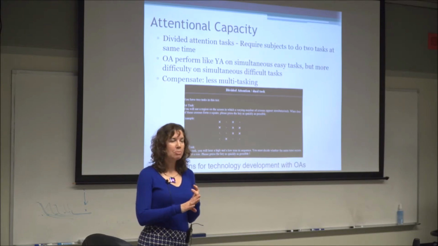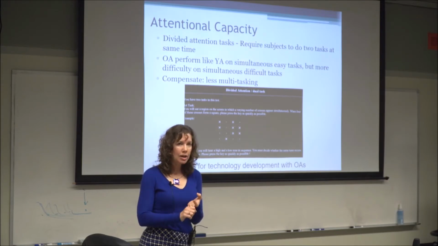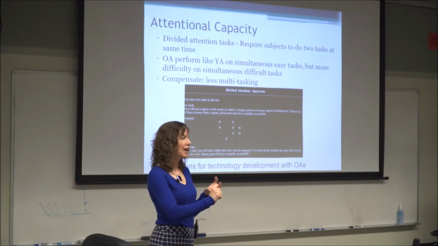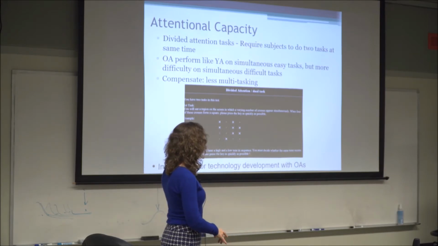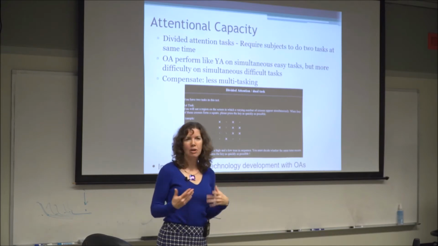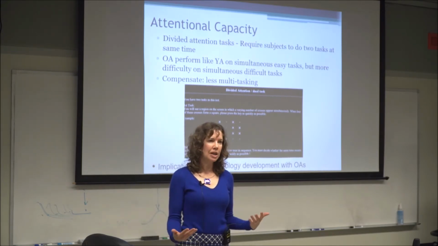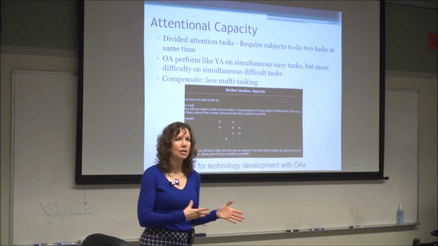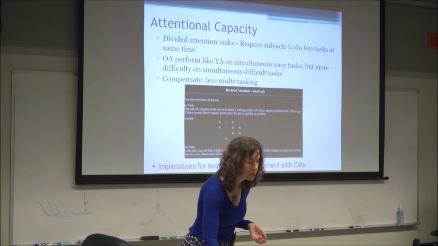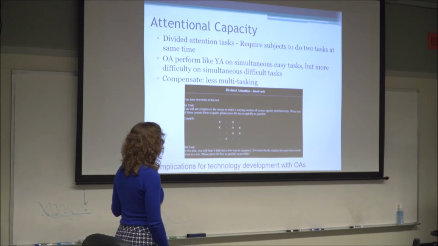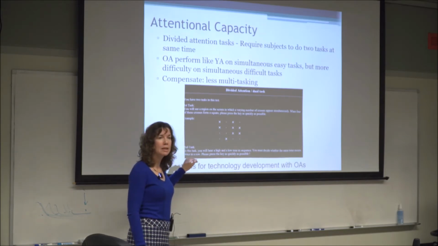But if you were an older adult who was multitasking and you were not as bright, multitasking actually decreased your performance. And so a lot of times, our older adults, as part of the way they compensate, stop doing as much multitasking, because it can interfere with their performance rather than make them more efficient.